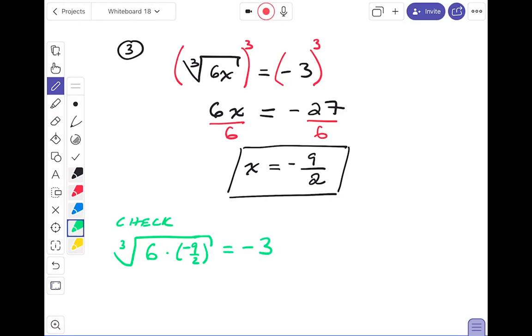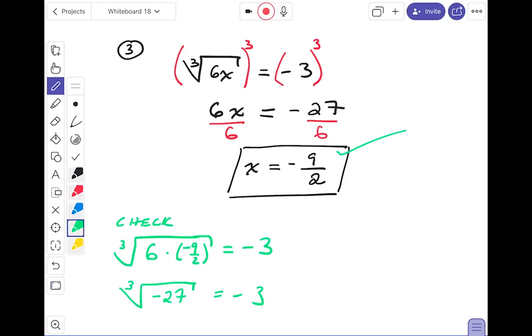I was plugging in x equals minus 9 halves. What do you get? Cube root. I've got to simplify that. Well, 2 goes into 6 3 times, and 3 times minus 9 is minus 27. And the cube root of minus 27 certainly is minus 3. This worked out well. Again, I want to recommend look at the answer key to make sure you're staring at that. And I am. It says minus 9 halves.